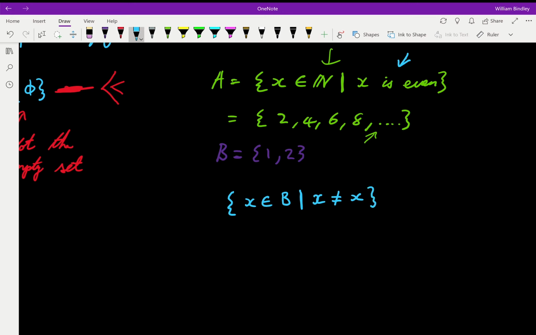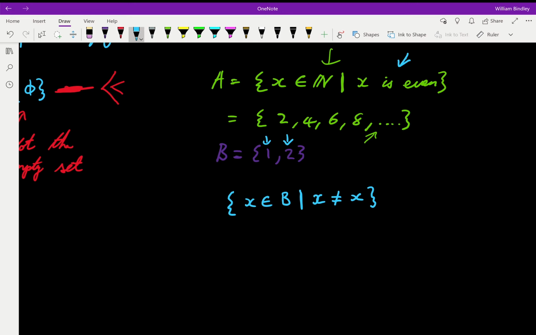Okay, and take a second to convince yourself that nothing satisfies that property. I mean, it's the set of all x in B such that some property is satisfied. Well, if x equaled 1, because there's only 2 elements in B, x would be equal to itself because 1 is equal to 1, and if x equals 2, x would be equal to itself because 2 is equal to 2.